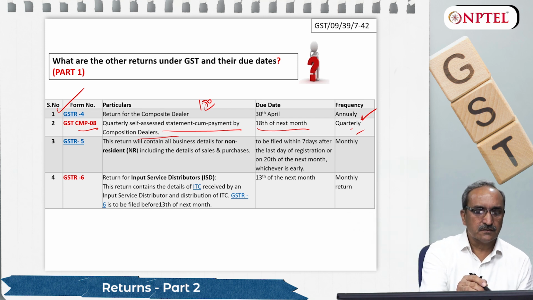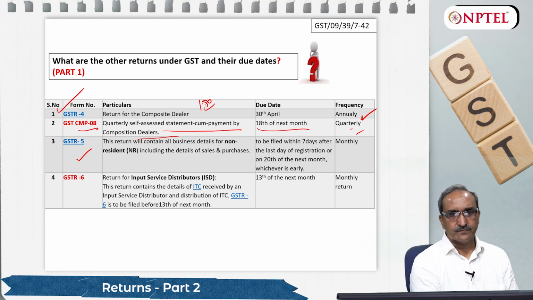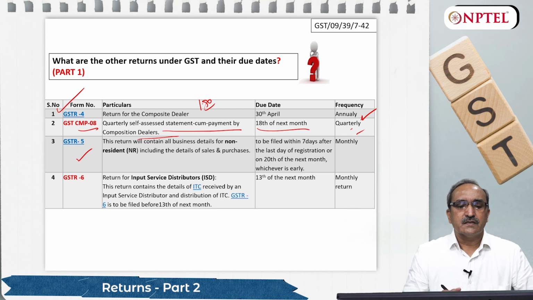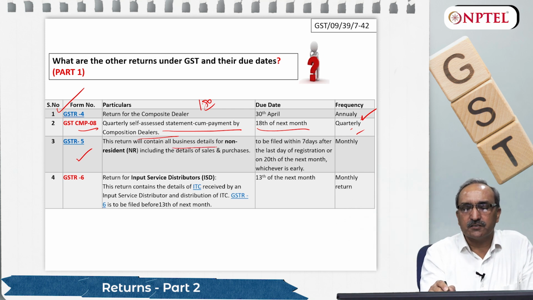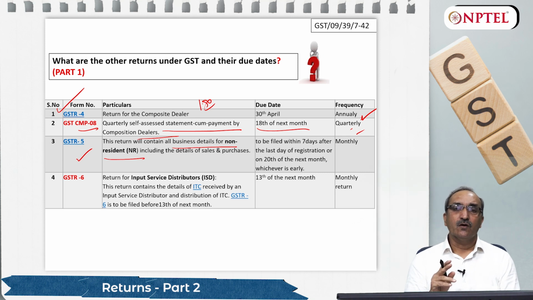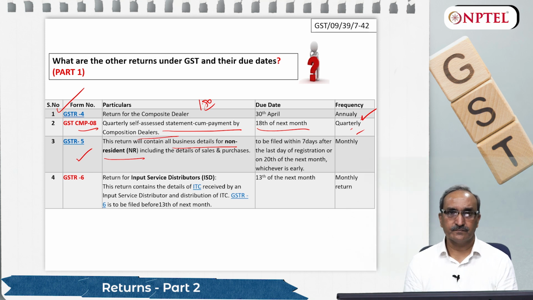Then friends, next is GSTR 5. This return will contain all business details of a non-resident person, meaning a person who is selling goods or services from outside India to India.